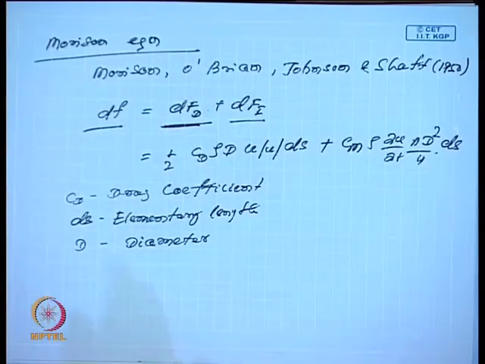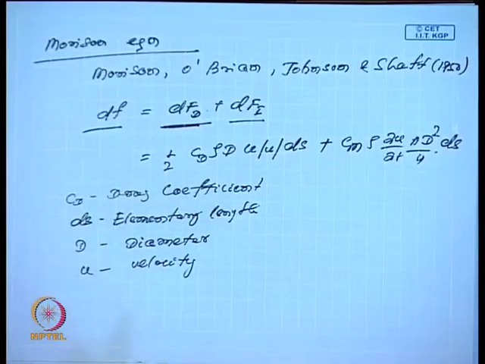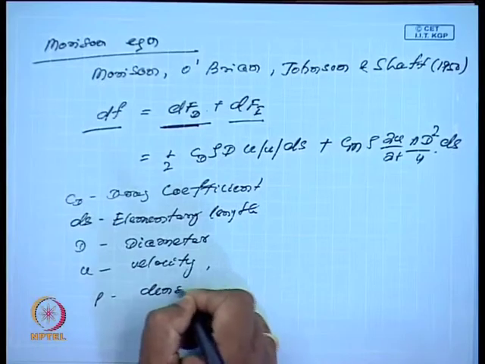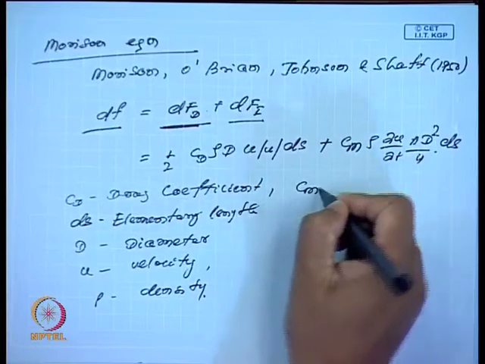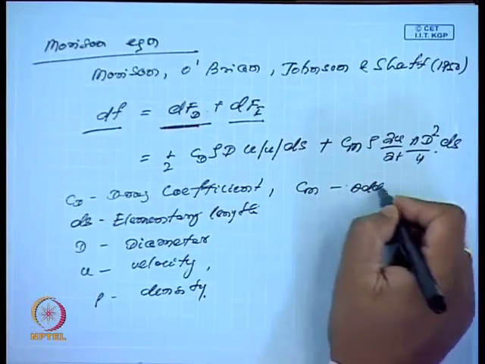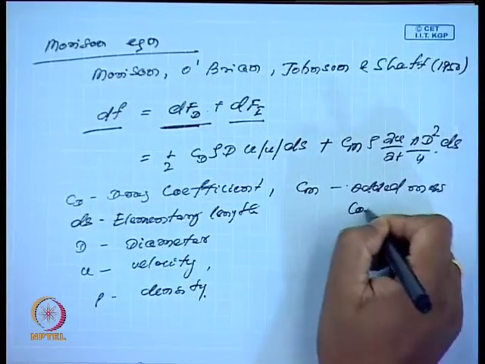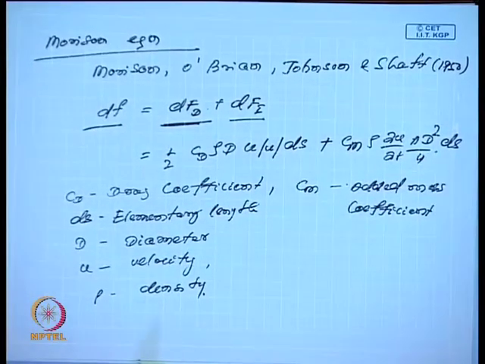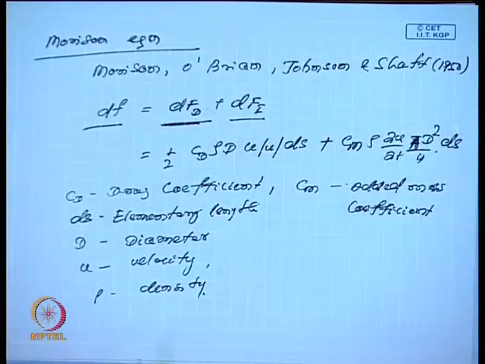It is suitable for pile type structures because d by lambda is less than 0.2, and u is the velocity. Rho is the fluid density, Cm is the added mass coefficient, and A is the area, pi d square by 4.